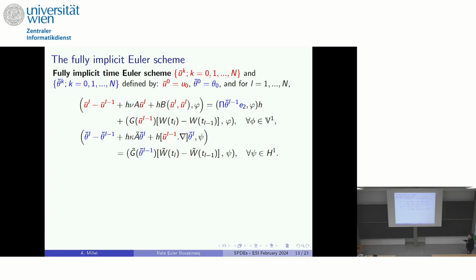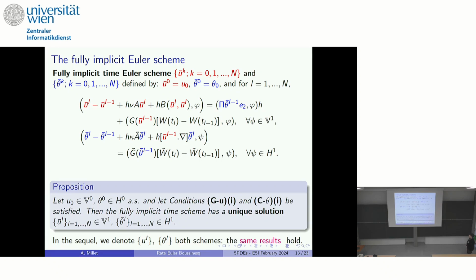So again, if I look at the fully implicit scheme, there is uniqueness. And because all the results I'm going to present further are exactly the same whether you look at the fully or the semi-implicit scheme, I just forget about the bars and call my schemes u_n and theta_n. Okay. So my scheme exists. Is it well behaved as far as moments are concerned?